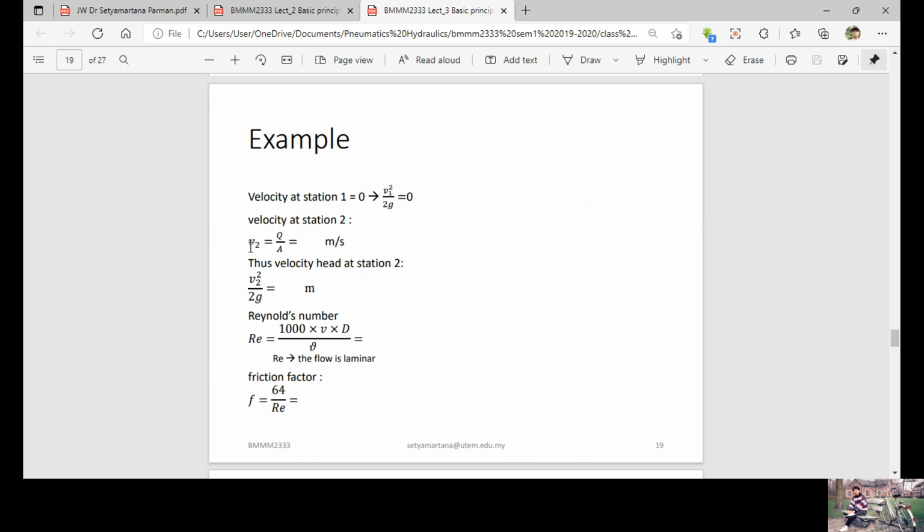So we have V2 equal to the volume flow rate divided by the area of the pipe. So we can calculate, of course, the units are expressed in meter per second.